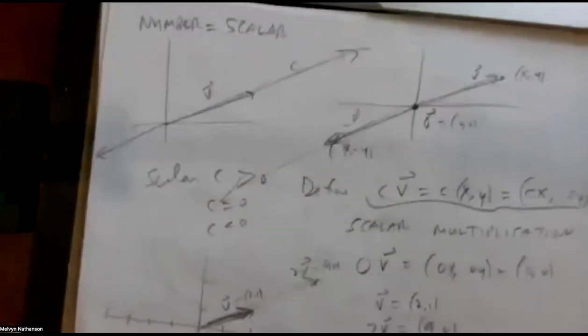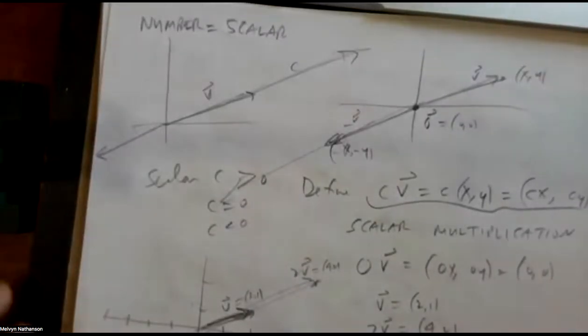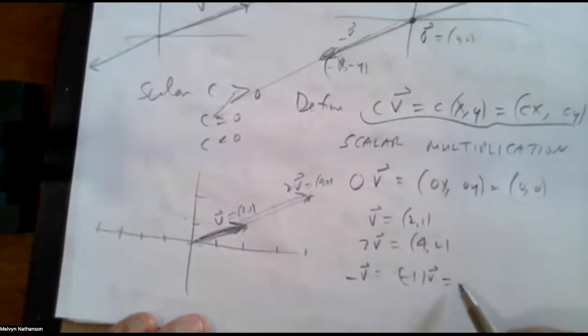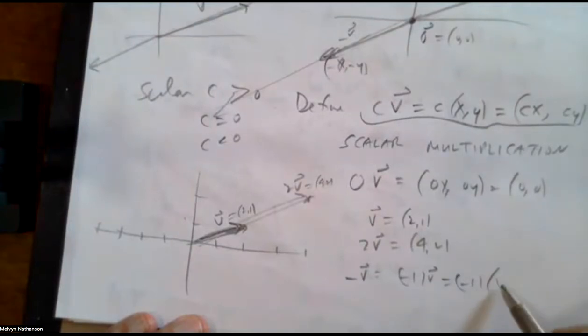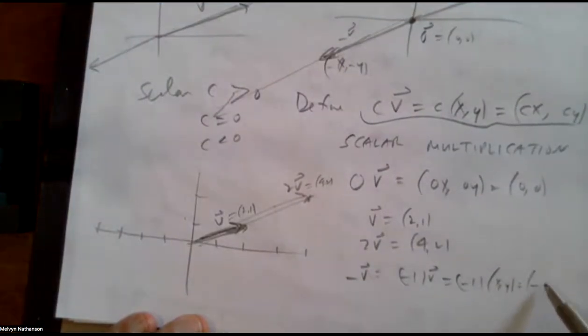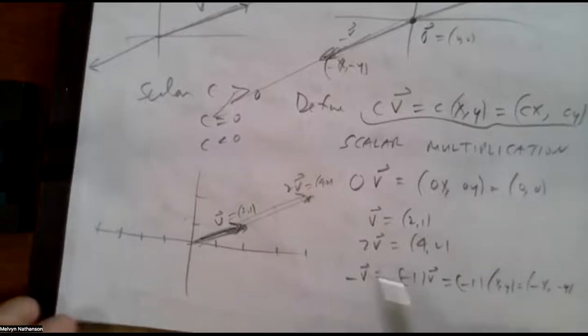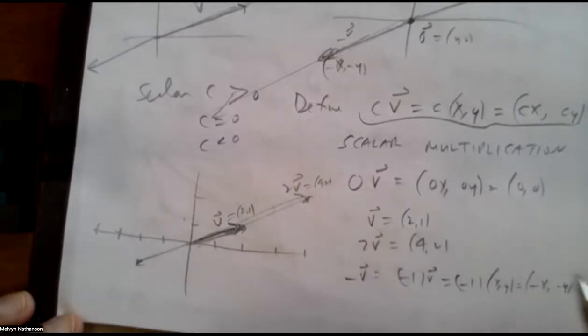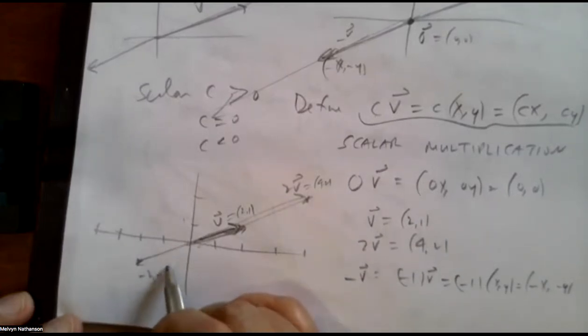Minus v means minus 1 times v. It's multiplying the vector by the scalar minus 1. So that's minus 1 times x, y, which is minus x, minus y. So if v is 2, 1, this would be minus 2, minus 1.